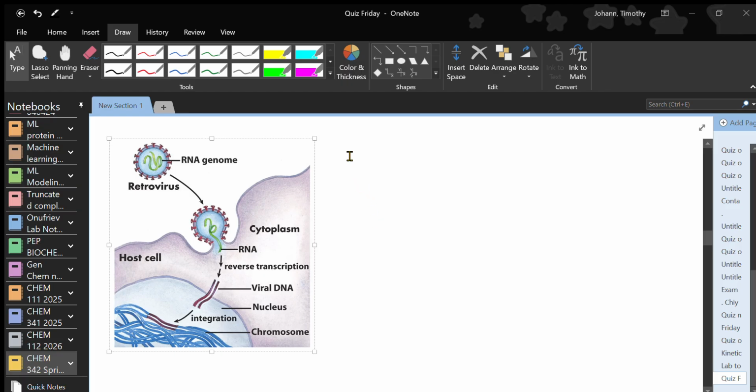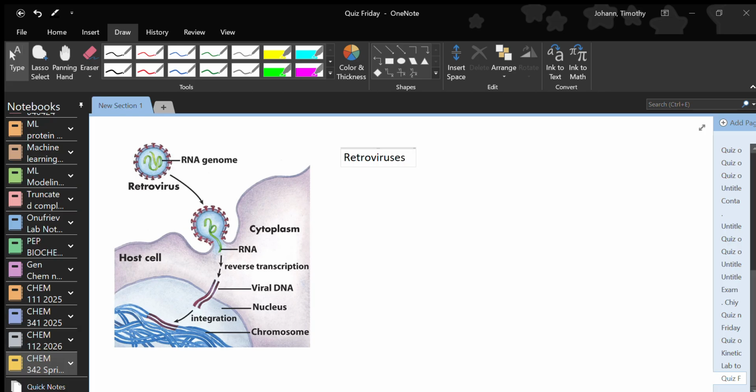Okay, so let's talk about retroviruses. The big focus over my lifetime with this has been HIV, which causes AIDS. It's a retrovirus, and it has 3 particular proteins that are really important drug targets.